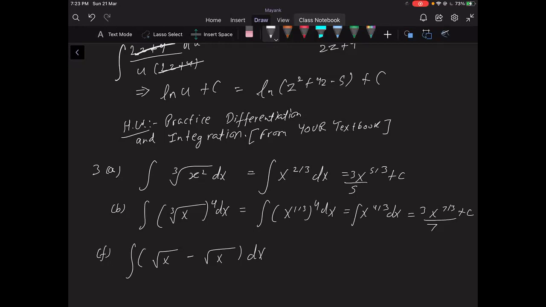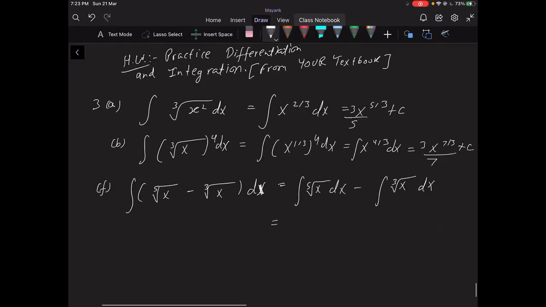Okay, so along similar lines, firstly, distributive rule, you can write this as integral of fifth power of x dx minus integral of third root of x dx. And then it's quite straightforward.